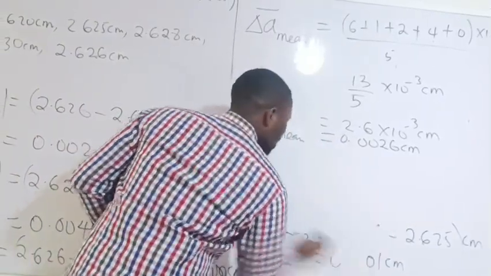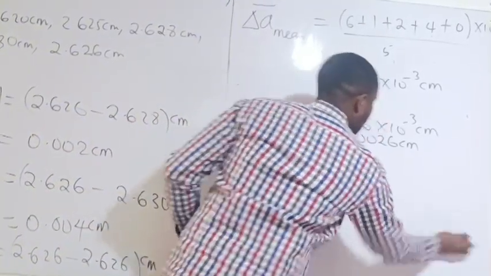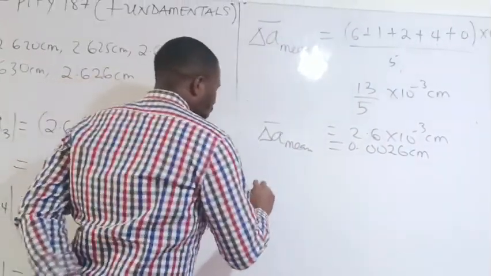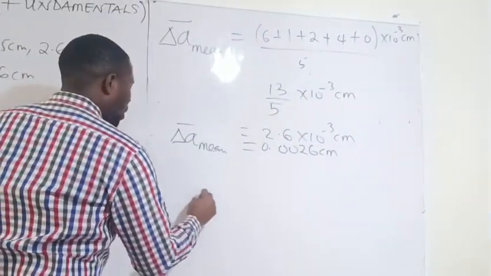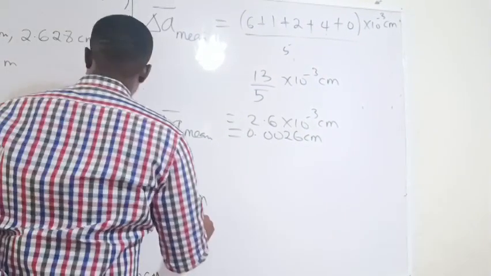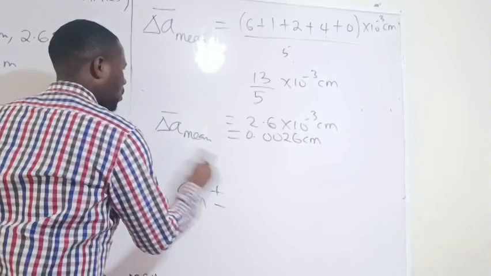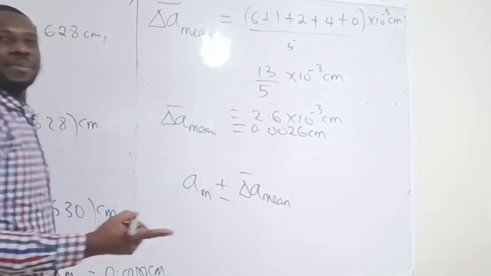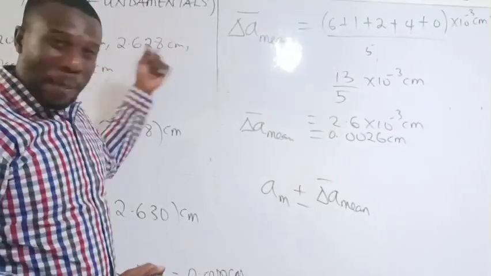If I will report my answer, the true value would be the mean value of the measured values plus or minus the mean absolute error, since I have several of these measured values.